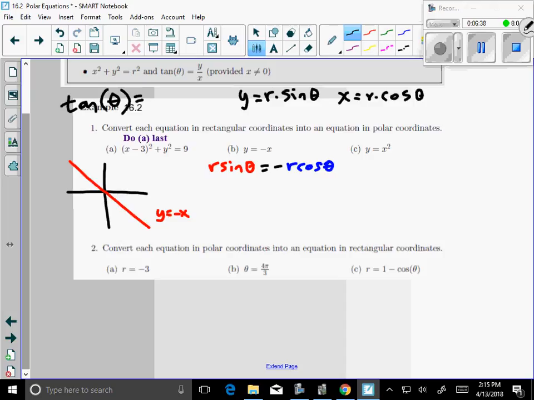So we like things in terms of tangents. Do you see a way to turn that into tangent? Divide by what? Divide by r cosine theta. There's a strategic step involved here that you may not see, but I want to get rid of r altogether. I don't always want to do that, but in this case I will. What will I get on the right side? Negative 1. What do I get on the left side? Tangent theta. Okay, where is the tangent of theta equal to negative 1? Which quadrants?